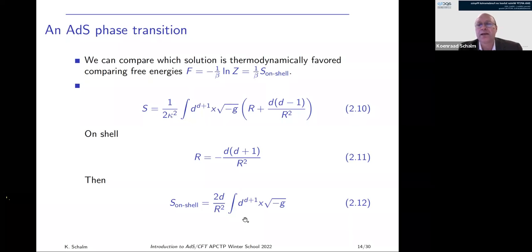Now you have to be a little careful how to compute this volume because AdS is like a hyperboloid and formally has infinite volume. But we're going to compare two solutions, so if we take the difference in the correct way, that infinity should drop out and we get a finite answer between the two objects.